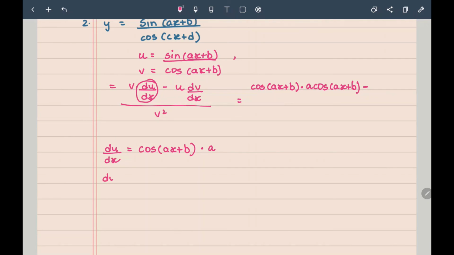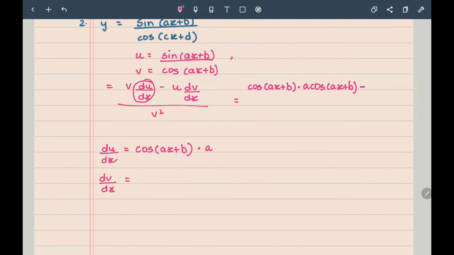we'll find the value of dv by dx also. dv by dx will be derivative of cos, that is minus sine cx plus d into c.